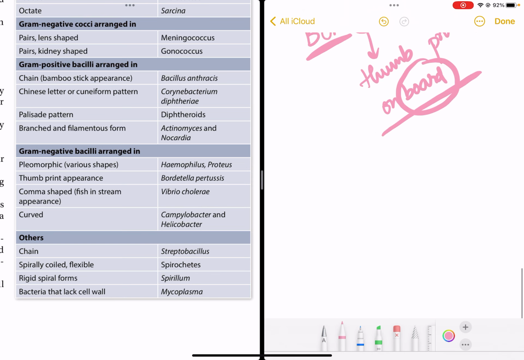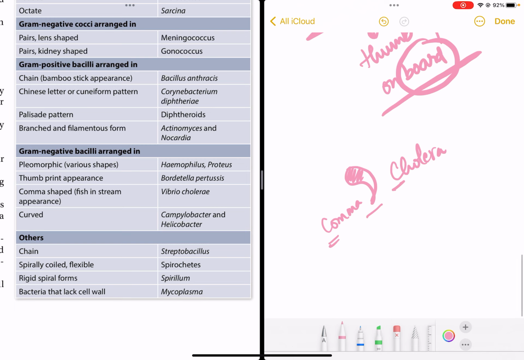Clear. Next is your comma-shaped or fish-stream appearance for Vibrio cholerae. Vibrio cholerae has this characteristic comma-shaped appearance. We all know that C for comma-shaped and C for cholera. That is one thing. The other one is cholera is a waterborne disease, right?